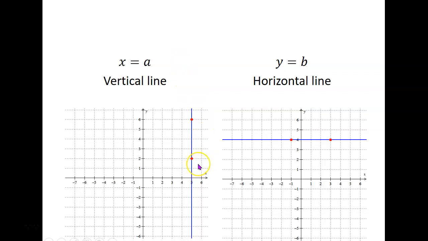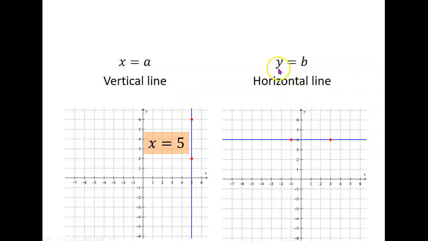For example, the line shown here has an equation x equals 5. So what all of the points on this line have in common is that their x coordinates are all equal to 5. x could be 5 and y could be 2. x could be 5 and y could be 6. x could be 5 and y could be negative 6. But everywhere on this line, x has to equal 5.